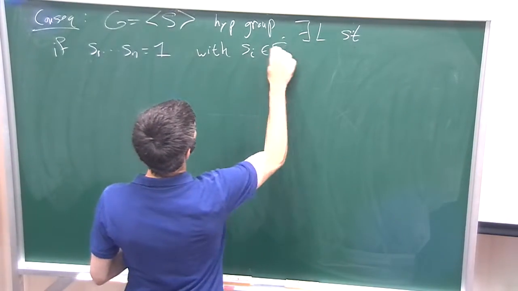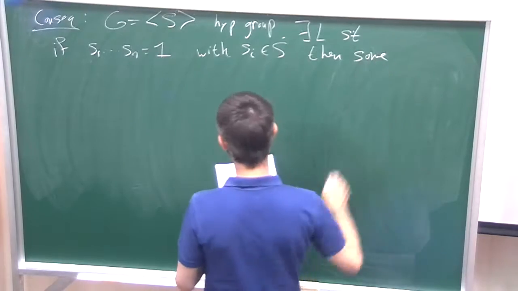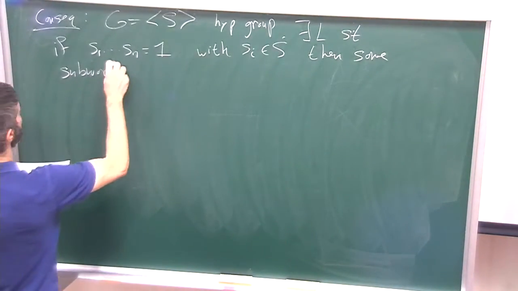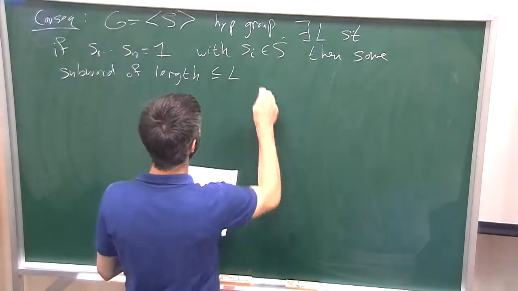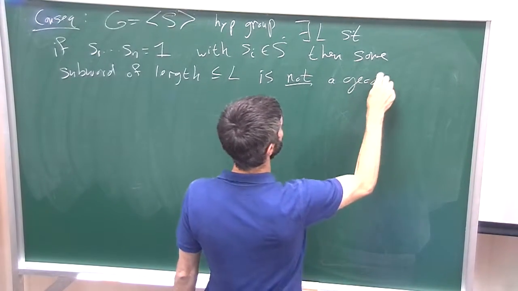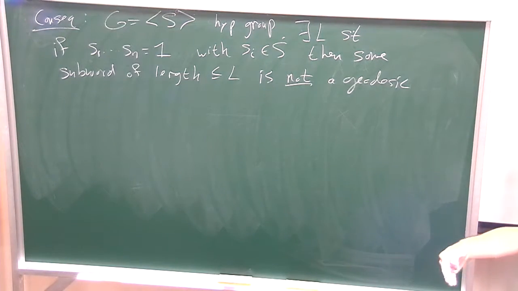with each of these things in the generating set, then some subword of length at most L is not a geodesic, meaning it's not the shortest representative of that group element.